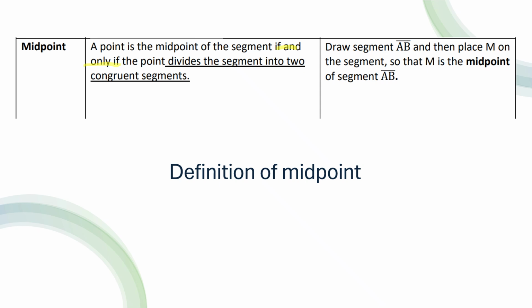We could say, if a point is a midpoint, then it divides the segment into two congruent segments. Or we could say, if a point divides the segment into two congruent segments, then it is a midpoint. So we can read this sentence in both directions. That's what if and only if means. You'll see more of it later this semester, but I wanted to introduce it now.